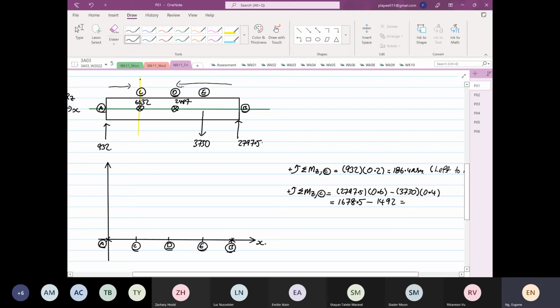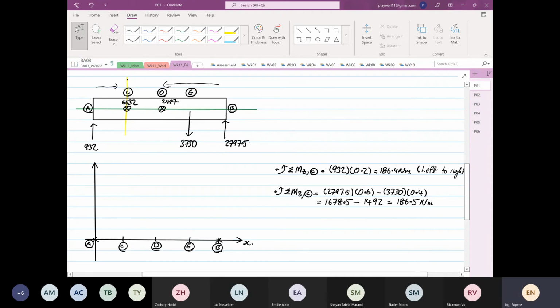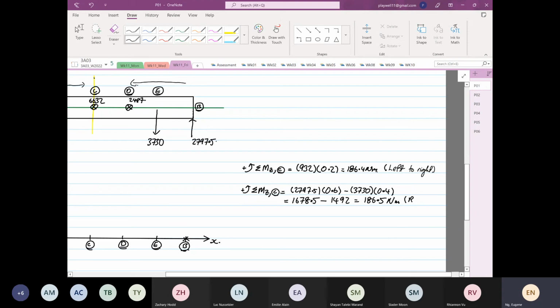So this is 1678.5 minus 1492, which is 186.5 Newton meter. This is from right to left, so you can do it either way. Your answer will be similar. Down here is by 0.4, this is by 0.5, it's just a 0.1 Newton meter difference.